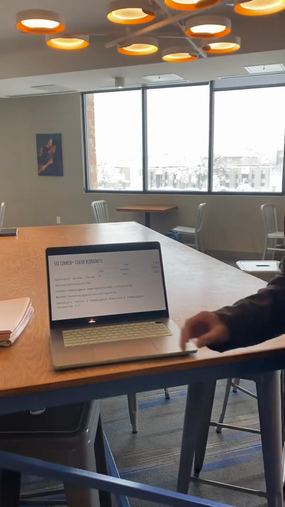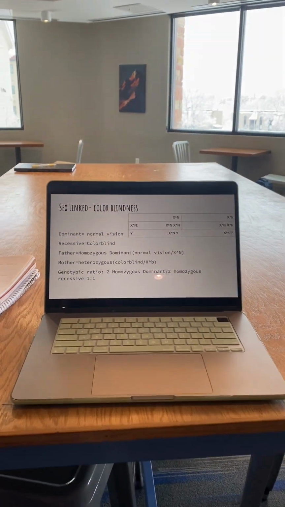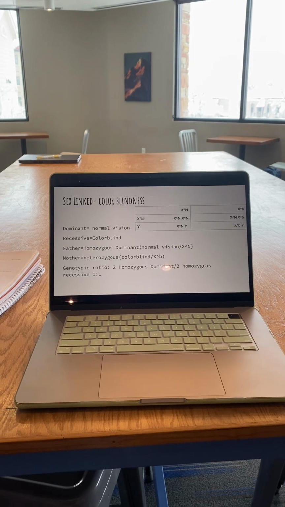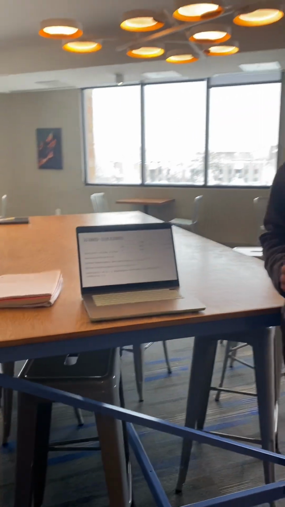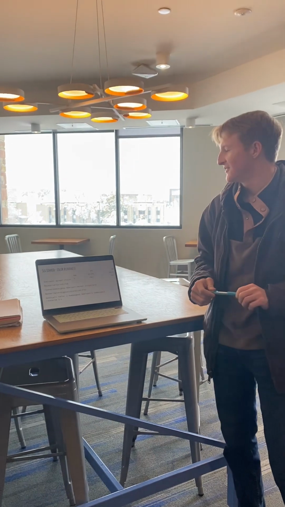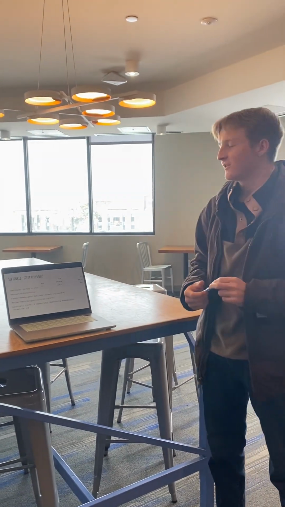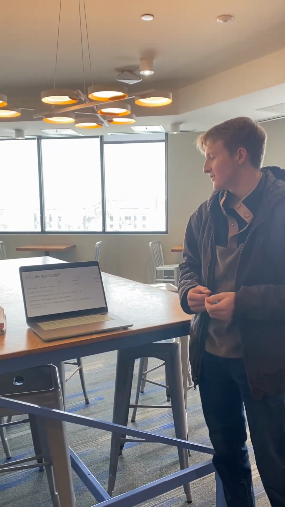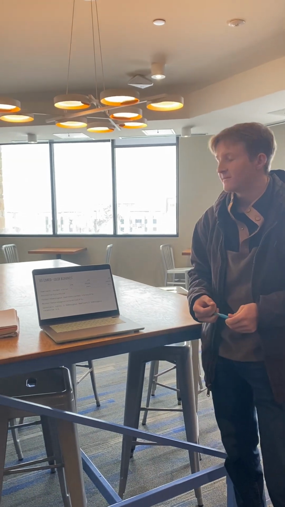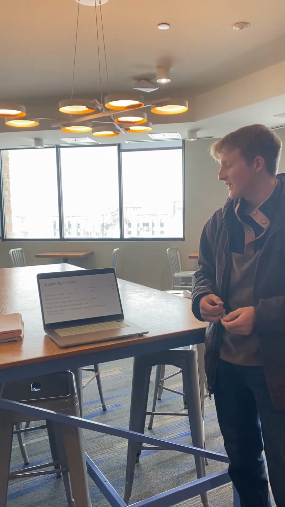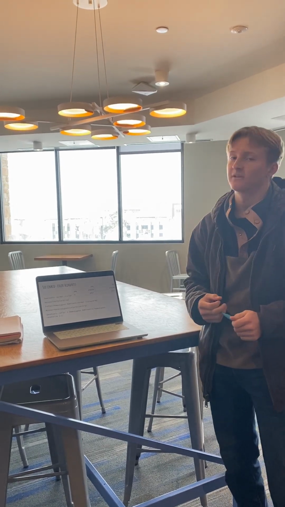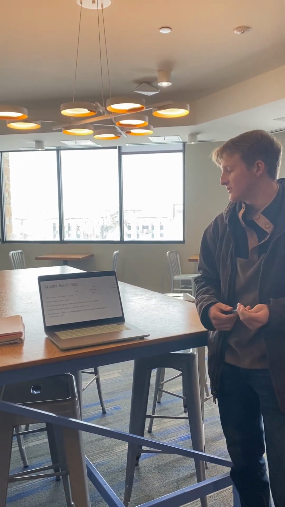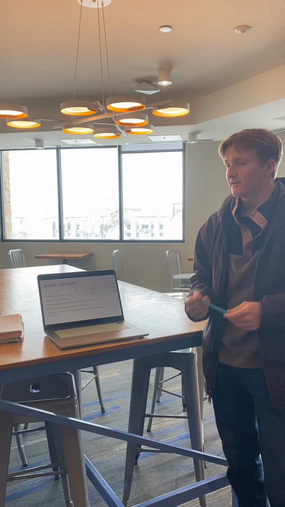And now we're on sex-linked, so color blindness. I don't really know if Dolly Parton's actually colorblind, but for this, she's going to be colorblind in this world. The dominant is normal vision, while the recessive is colorblind. So the father is homozygous dominant, so he has normal vision, so he's X raised to the N, and the mother is heterozygous, so she's colorblind. So Dolly's colorblind, so she's X raised to the little b.